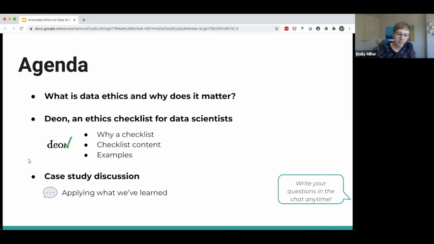I'm also a strong believer in the power of example, and so I'm going to be giving you concrete examples of times where things have gone wrong to help make some of the concepts in the checklist feel more concrete and a bit more clear. And then lastly, we're going to reserve some time at the end for a case study discussion. There we're going to start applying some of the questions that we've been talking about to an actual scenario, to say, what are the ethical questions here?